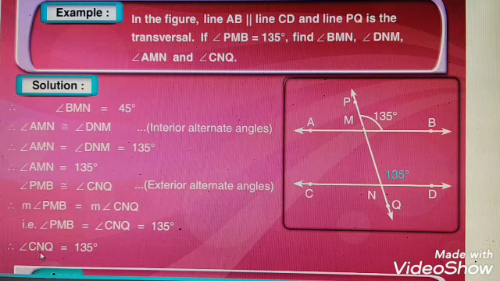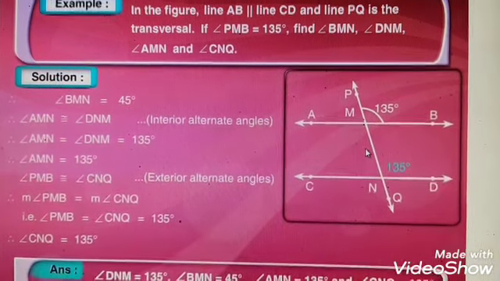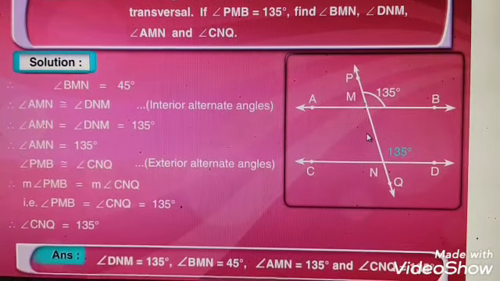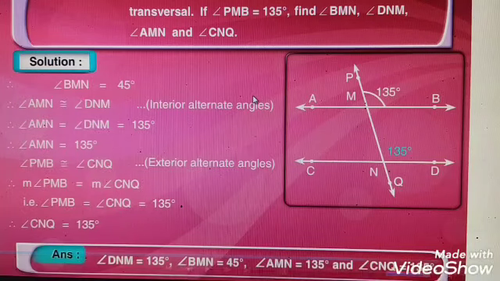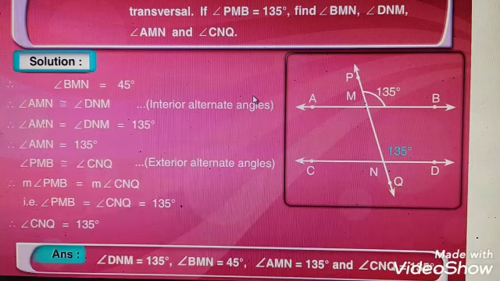Therefore, measure of angle CNQ is 135 degrees. Now, we got angle DNM equal to 135 degrees, angle BMN equal to 45 degrees, angle AMN equal to 135 degrees, and angle CNQ equal to 135 degrees. So all the angles are fine.